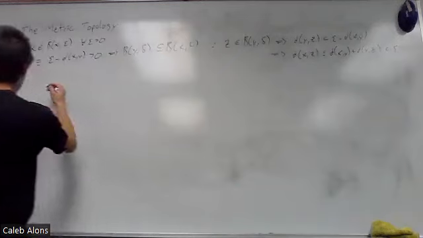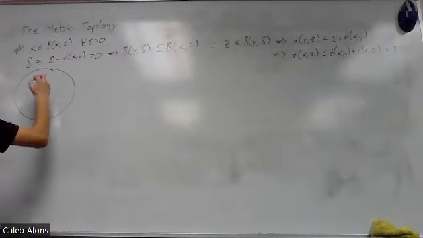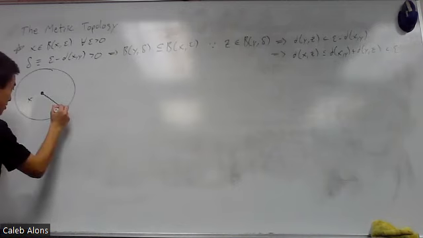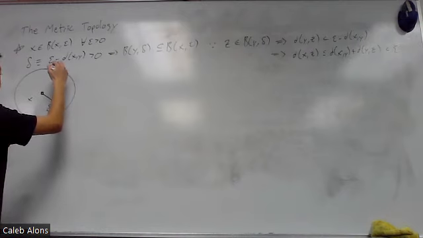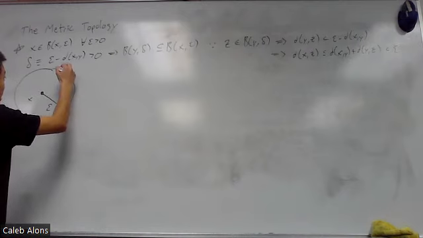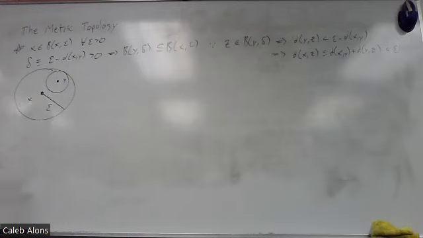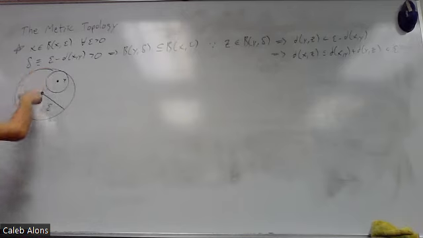So what's going on here is if I have an epsilon ball centered at x, then that makes this measure right here the epsilon. And if I have another point y, I'm defining delta to be epsilon minus the distance between x and y.